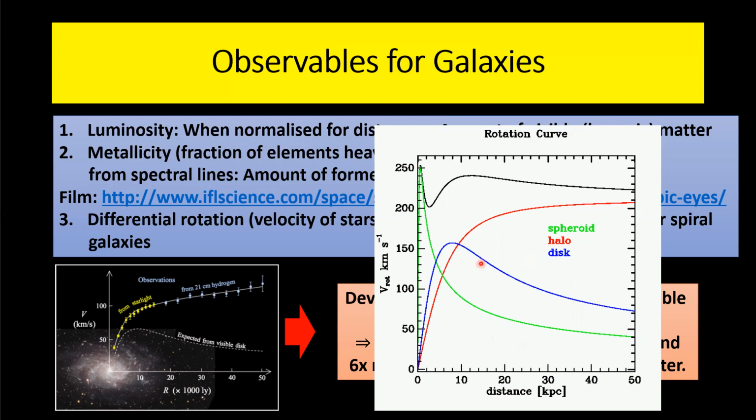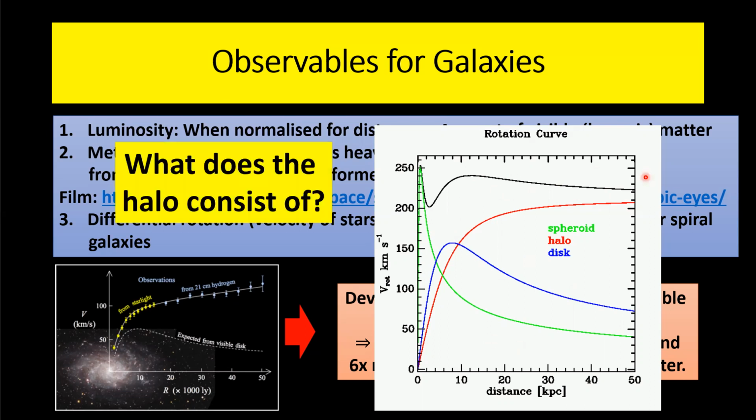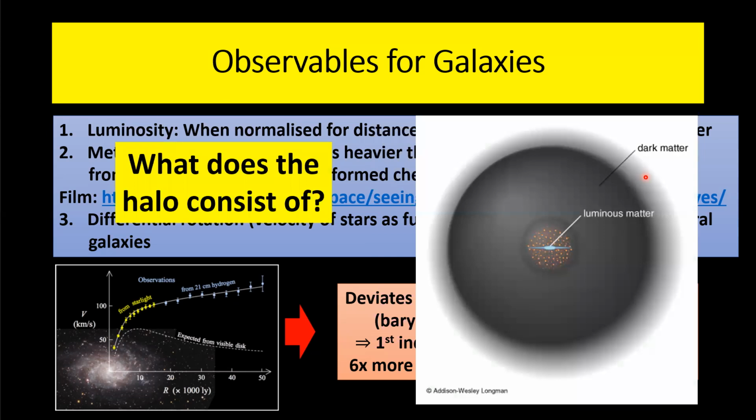So one needs this halo to really get this observed curve. And now, what does the halo consist of? Of course, it's dark matter. And then we get this picture.